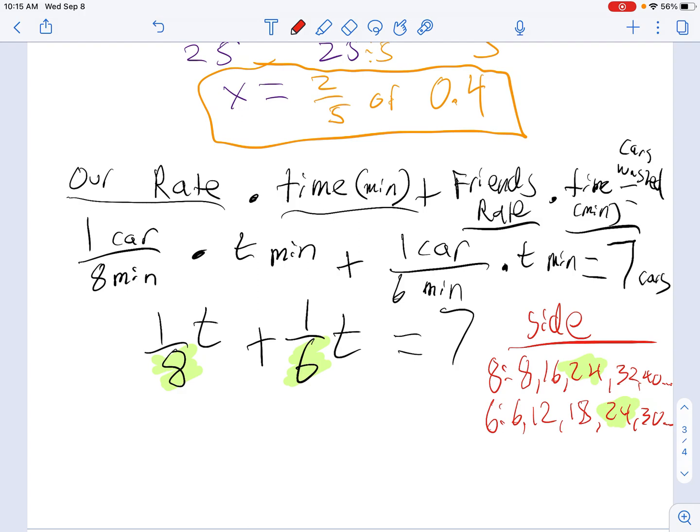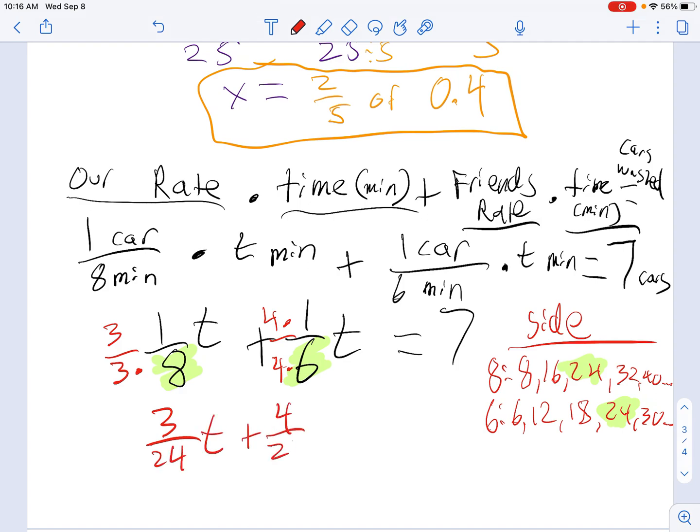So we need to multiply these so that we can get common numbers that we can combine. So I'm going to multiply 8 times 3, and anything I do on the bottom, I have to do on the top. And I'm going to multiply this one by 4. Again, anything I do on the bottom, I have to do on the top.